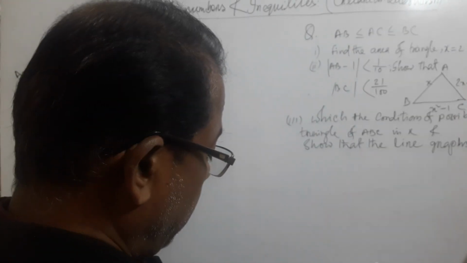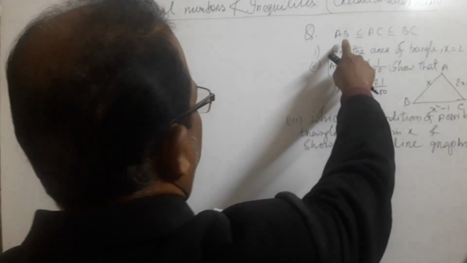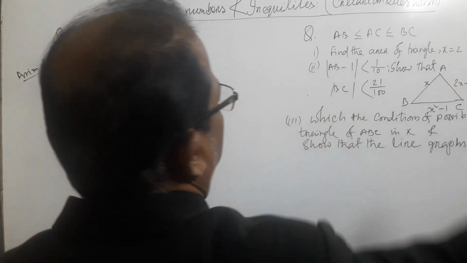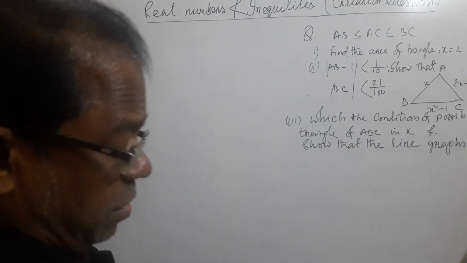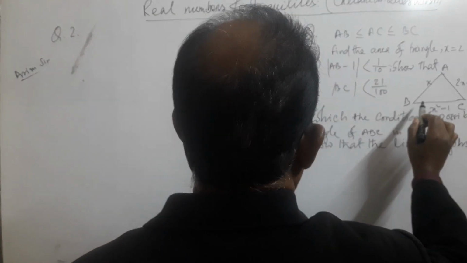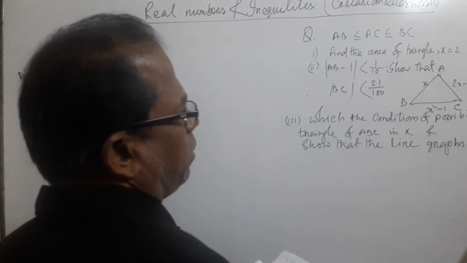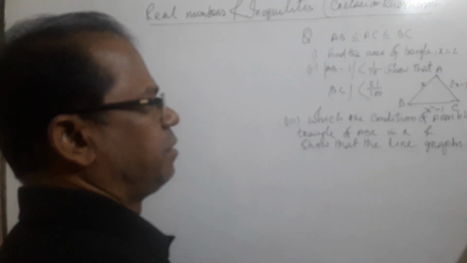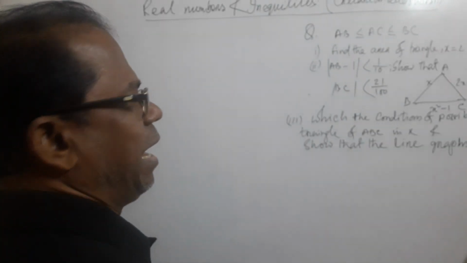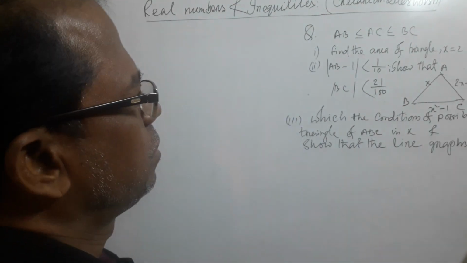So AB is less than or equal to AC, AC is less than or equal to BC, and BC is less than or equal to CA, AC being the same line. Firstly, we have to solve these questions.